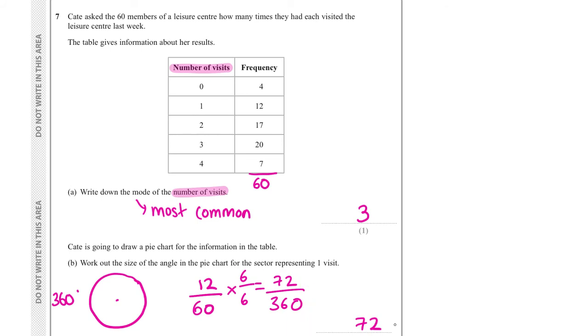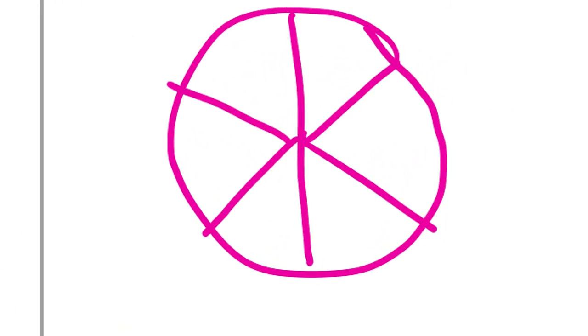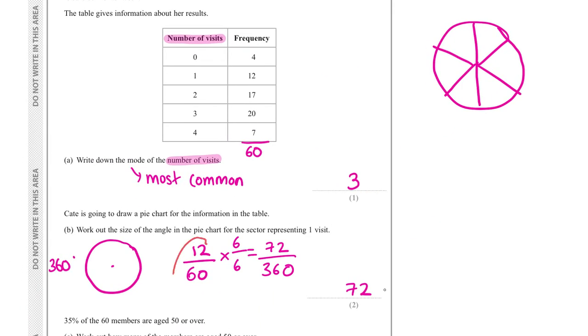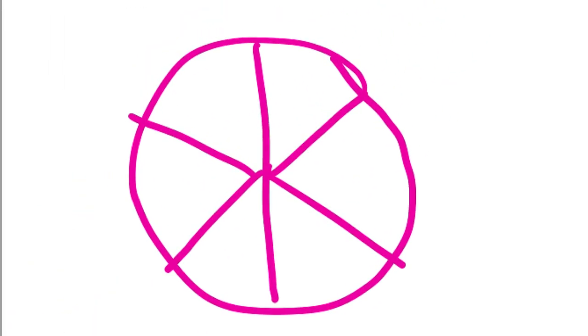The other way you could do this is, if you were to think about a pie chart, and if we split this up into 60s, how many 60s are there? 6. So here are my 6 lots of 60 degrees, right? But if I'm only shading in 12 out of 60, so for every 60 I shade in 12.